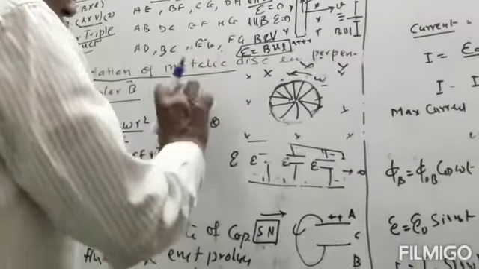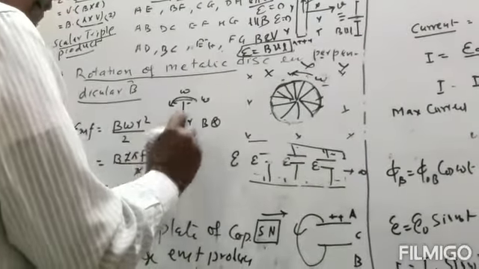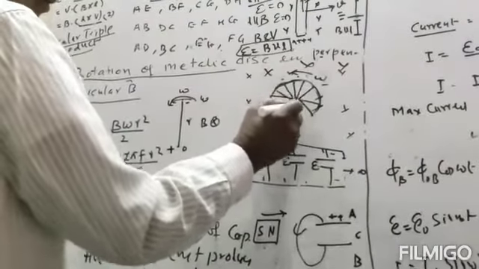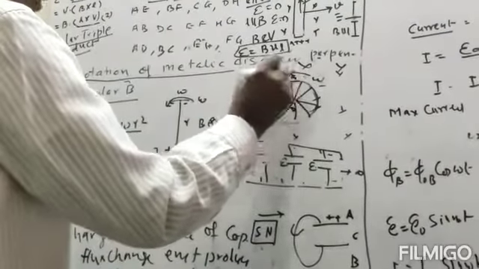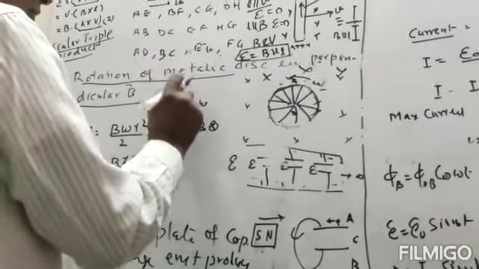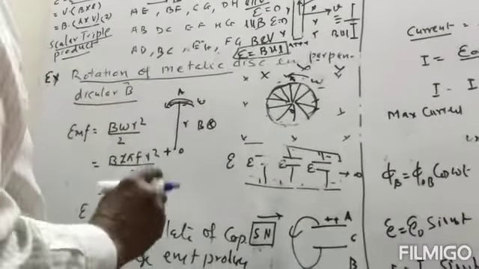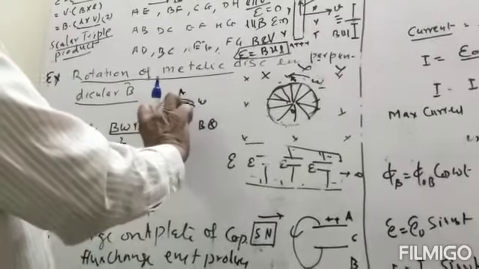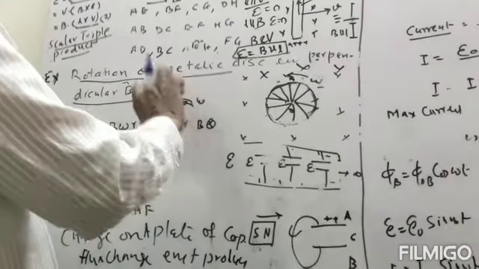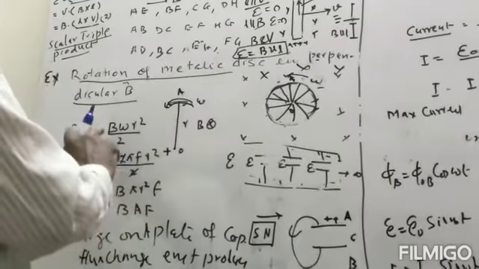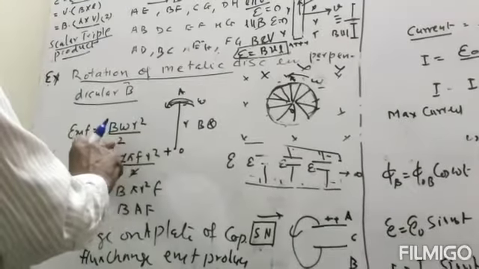This is the center about which it is rotating, and this is the end. Suppose this is point O and this is point A, and it is rotating. Then we have calculated for this the induced EMF will be equal to B omega R square by 2.